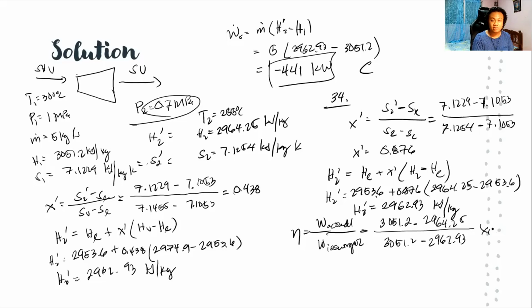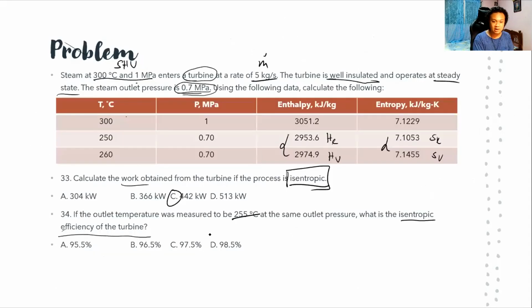Just multiply that by 100. Then you will get 98.5%. So that's letter D in our choices.